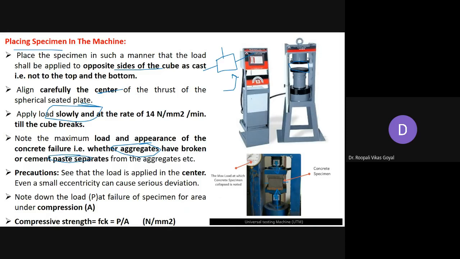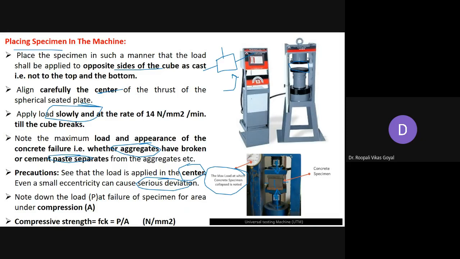Precautions should be taken so that the load is applied at the center only, because slight eccentricity can result in serious deviation in your results. At the moment it breaks down, that point of failure, that maximum load, you have to note down.